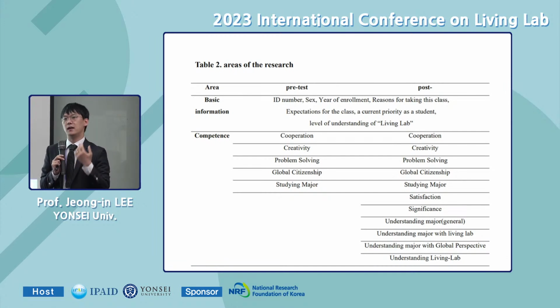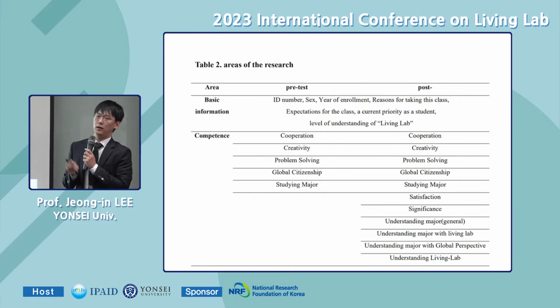We anticipated students' activities in the living lab class. One is cooperation, to help each other and grouping. Second is creativity, third is problem solving, then global citizenship, and studying major competency.